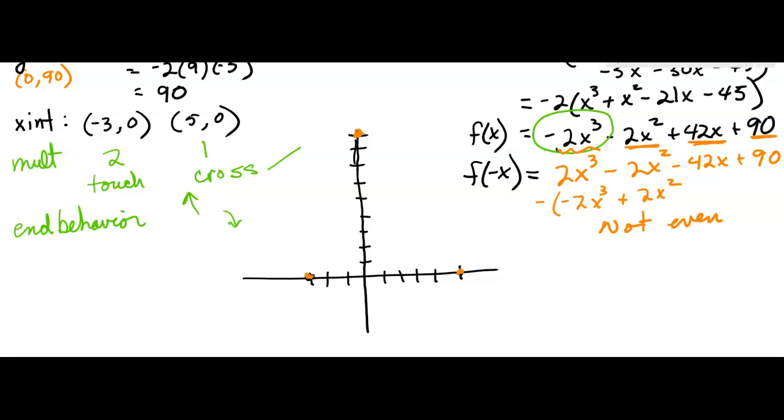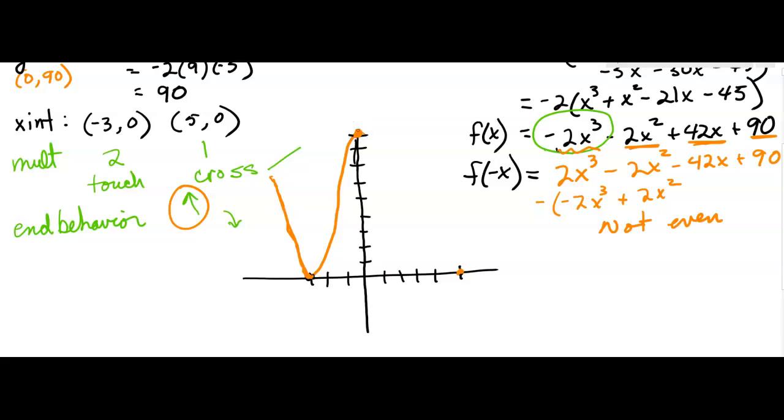Okay. We know that it's going to come from this part right here. We know it's going to start down. Okay, so it's going to go down. And then what's going to happen when it gets to that -3? It's not going to go on through. It's going to touch. It's going to bounce off there, and then it's going to come up here. We know it's going to go through.